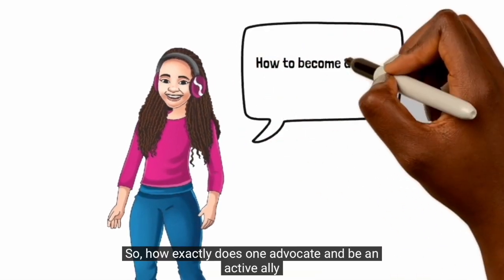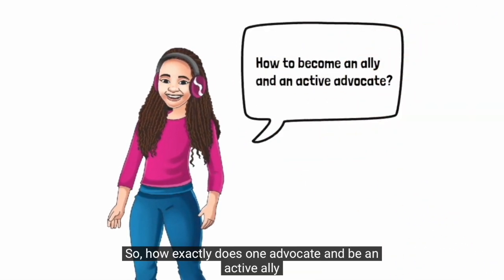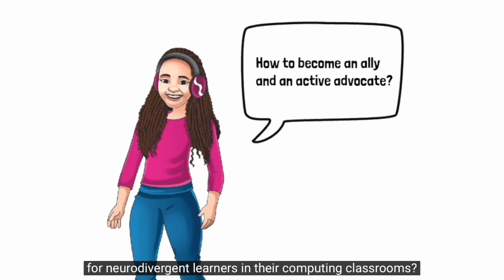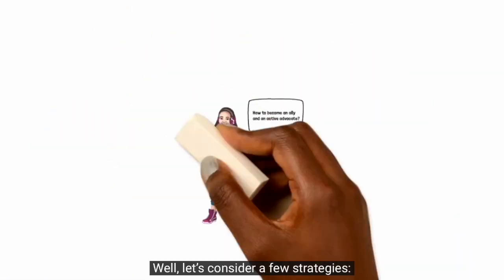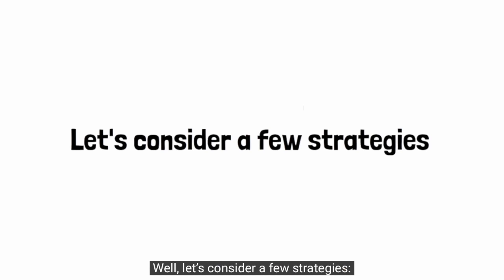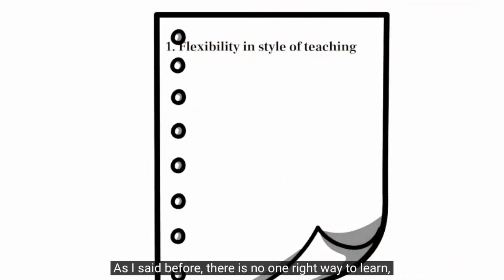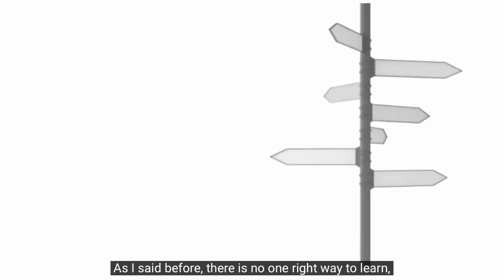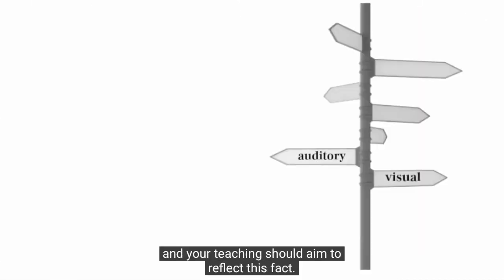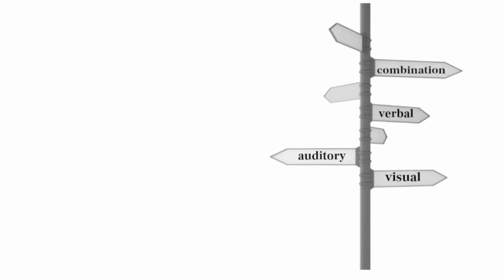So, how exactly does one advocate and be an active ally for neurodivergent learners in their computing classrooms? Well, let's consider a few strategies. Offer flexibility in your style of teaching. As I said before, there is no one right way to learn, and your teaching should aim to reflect this fact.